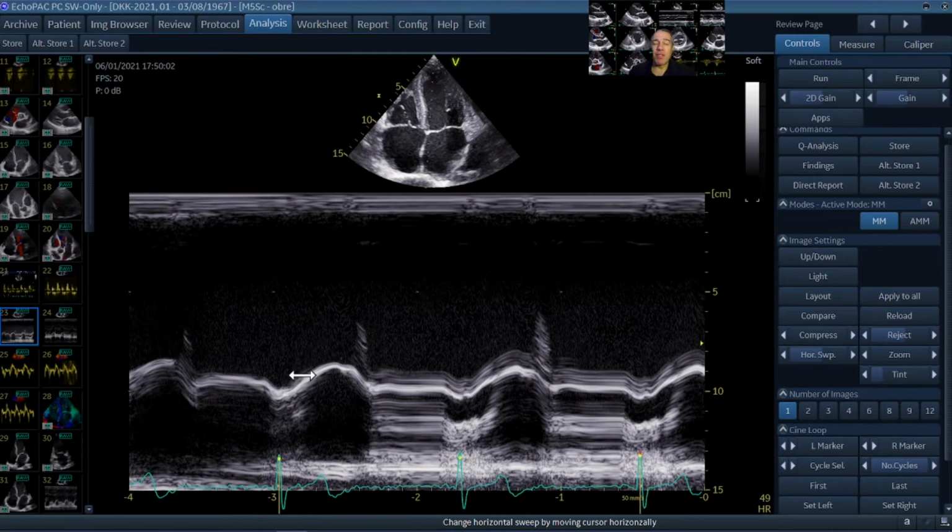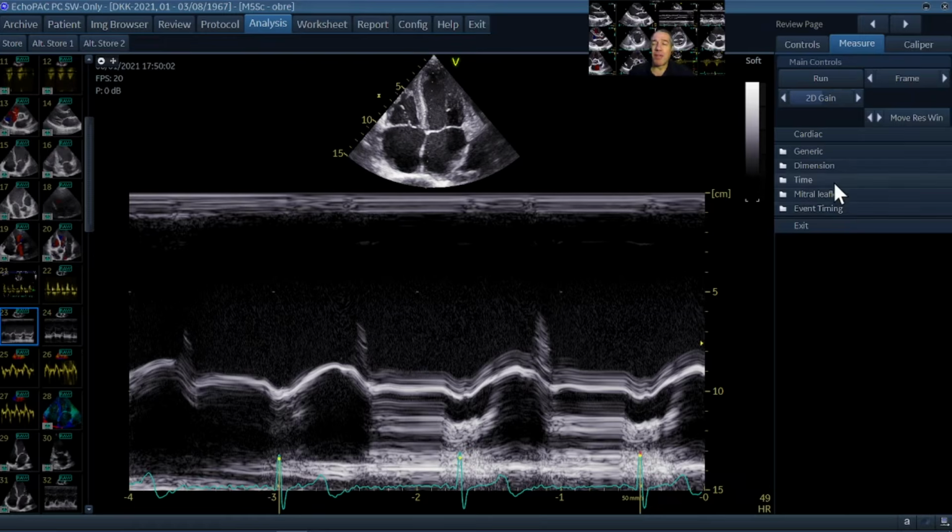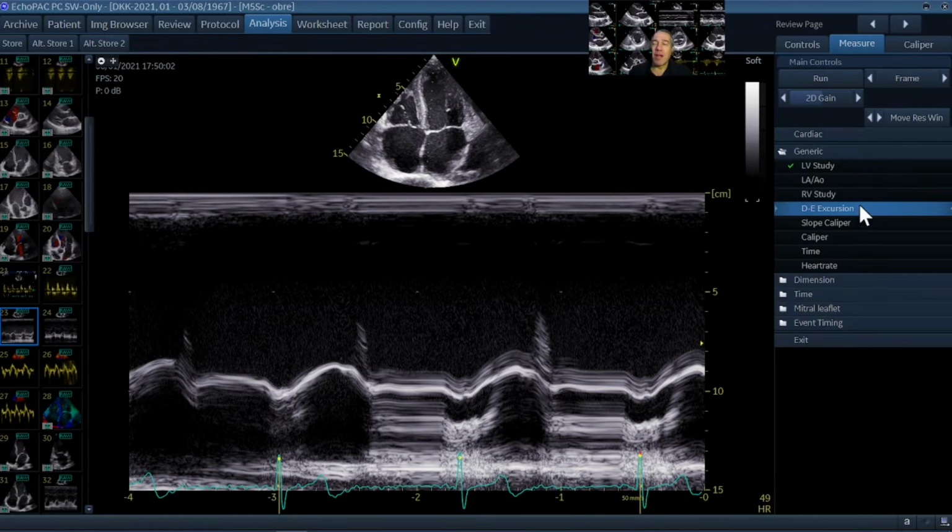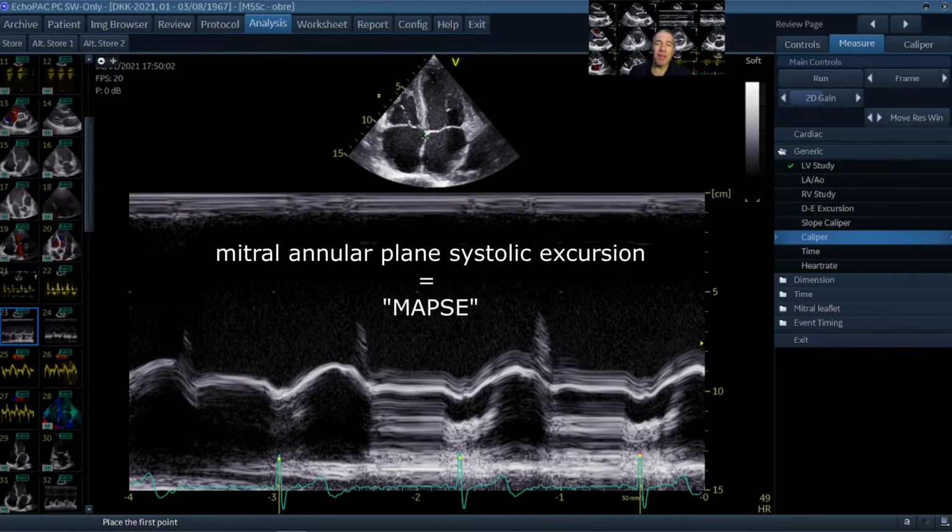You have this strong reflex here, and you can measure now this excursion. I have to use a generic measurement here because it's not integrated in the menu, but you can also define your own measurement for this mitral annular plane systolic excursion, and that is a so-called MAPSE value.